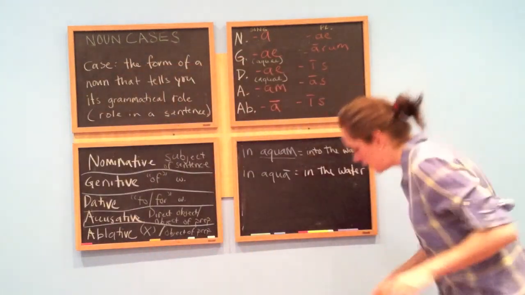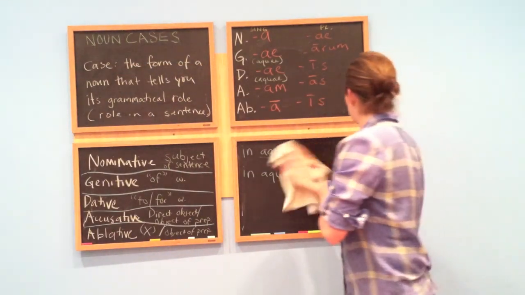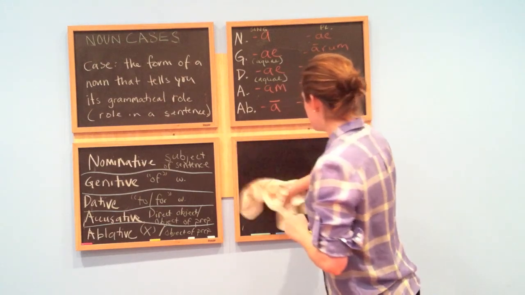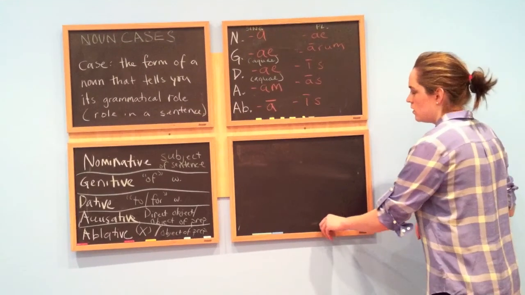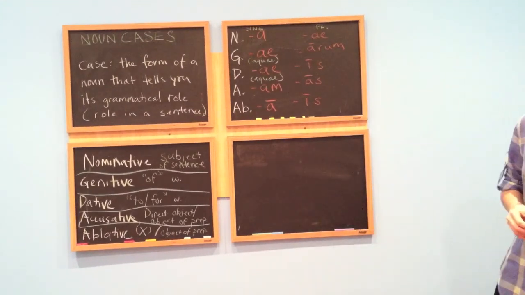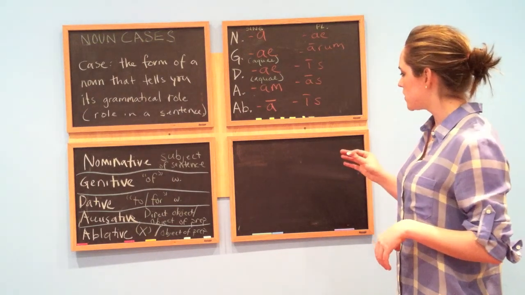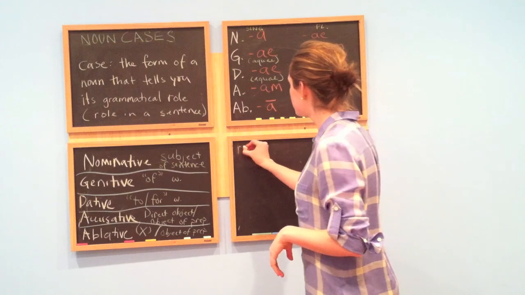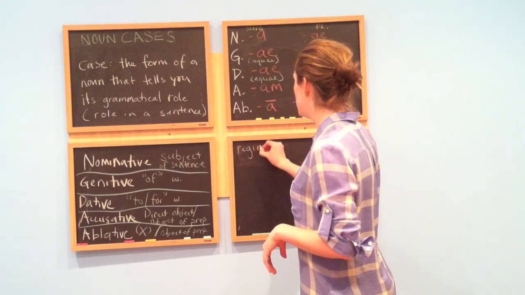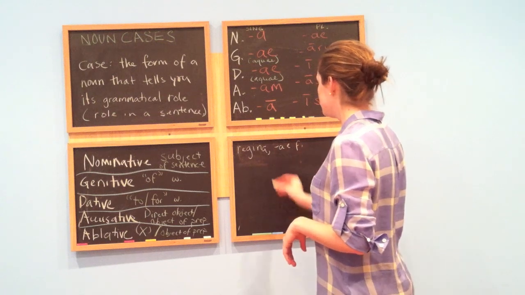I'm going to take my handy Technicolored rag here, erase this, and okay, so let's take our vocab words from the first declension video. Regina, reginae, feminine, meaning queen.